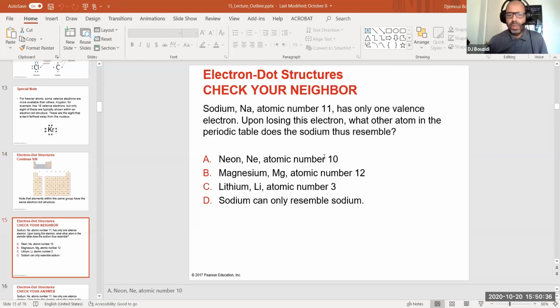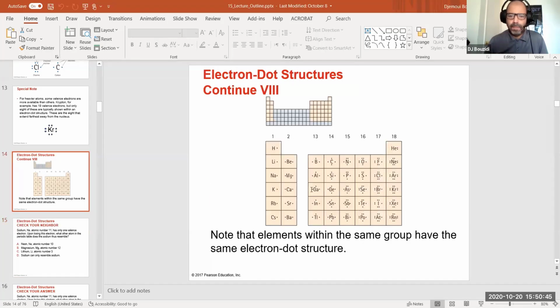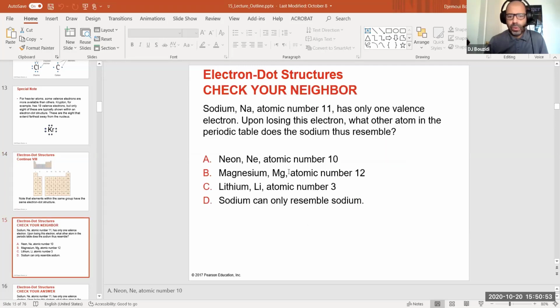So that's the question. Sodium, atomic number 11, has only one valence electron. Exactly one. Just like lithium, just like potassium, and all of the other elements in there. Now the question is, upon losing this electron, what other atom in the periodic table does the sodium thus resemble?